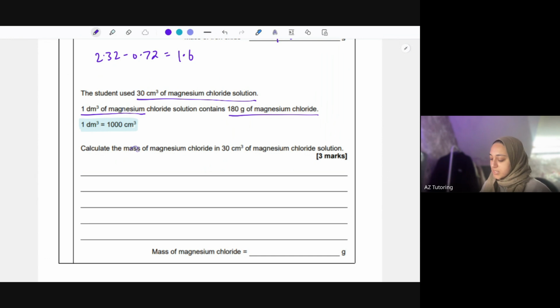It says calculate the mass of magnesium chloride in 30 centimeters cubed of magnesium chloride solution. So if we know in 1 decimeter cubed of magnesium chloride solution, so I'm just going to write in solution, we've got 180 grams of magnesium chloride.